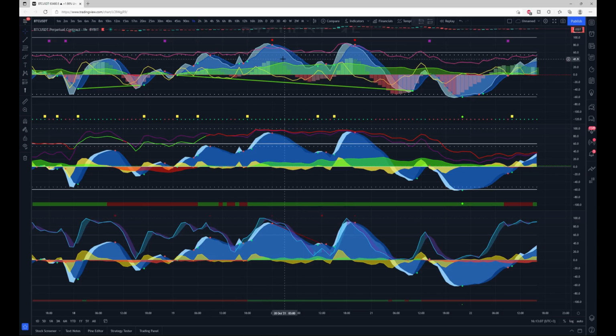So this big green wave you see on all three of these is the money flow, and they're all different. So this one shows that the peak is right here, but if we look down at the market cipher, the peak is way over here. And if we look at the VuManChu, the peak is right here in the center.